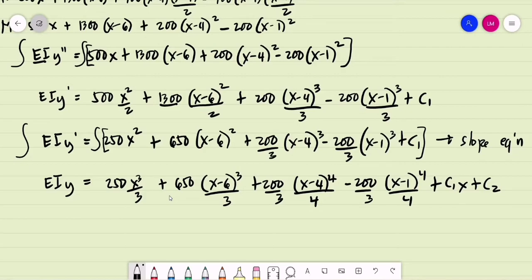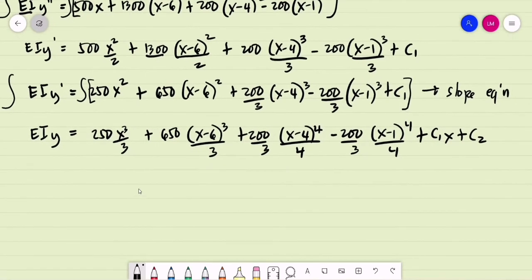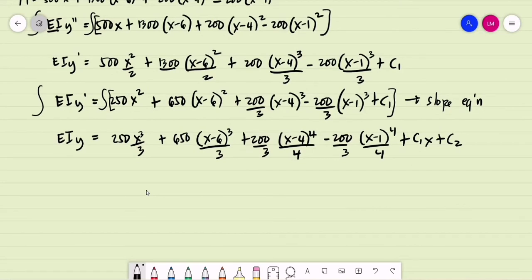So this is our deflection equation. Then we may first simplify.